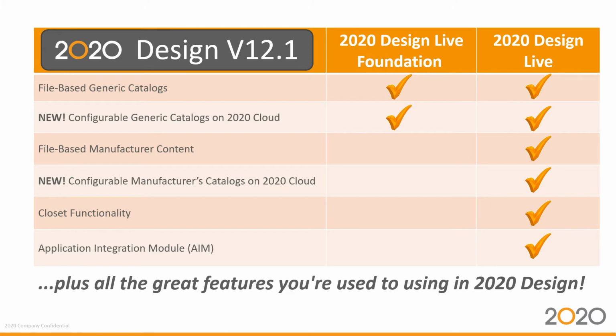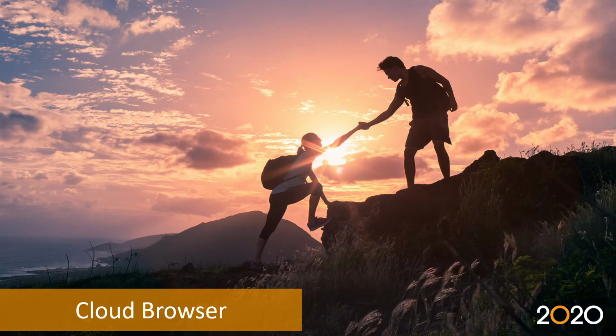There's also the application integration module, which is more of an advanced functionality that permits an integration with compatible third-party software. What's important to note is that with 2020 Design Live, you'll still have access to all your functionality of 2020 Design that you love and like to play with today. So that, in a nutshell, is 2020 Design Live.